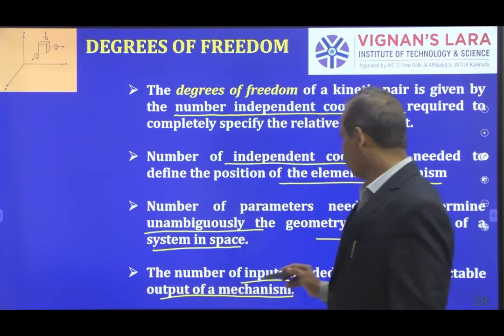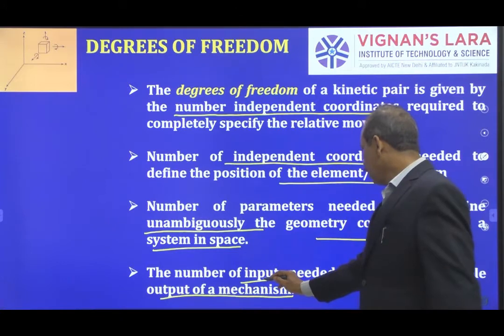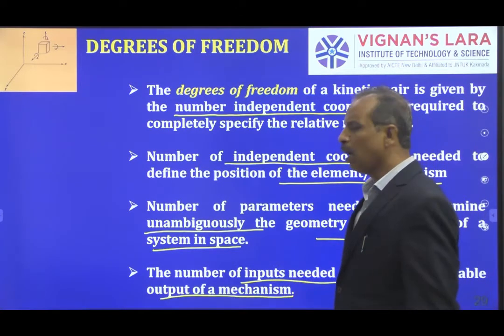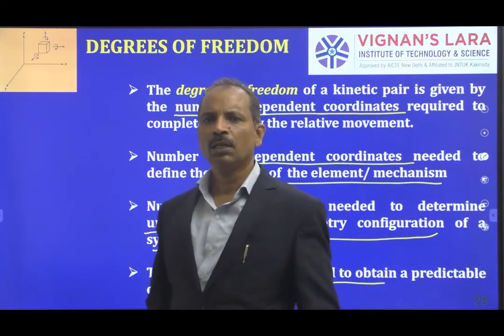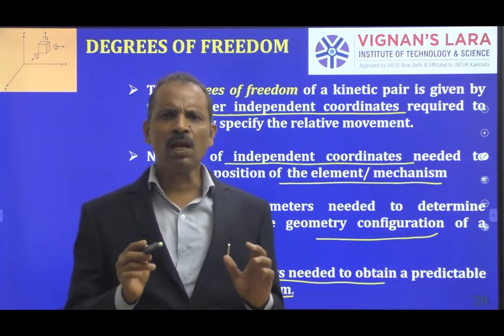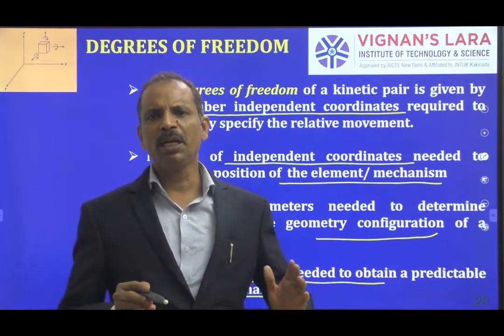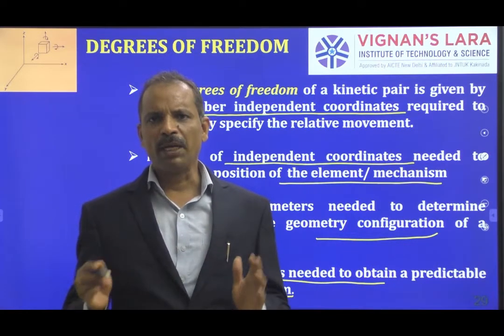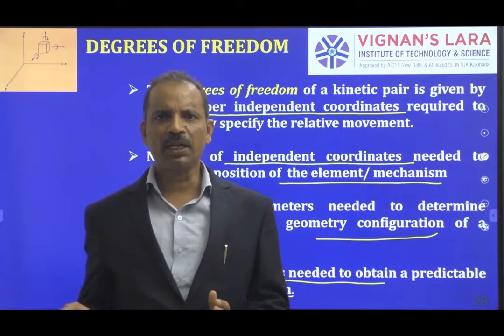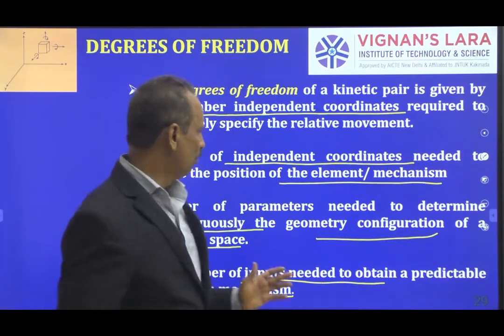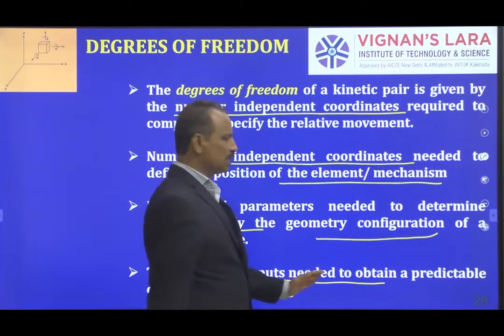So here what we are saying, a number of inputs needed to obtain a predictable output mechanism. That means how the mechanism is going to move is decided in advance perfectly by how many ways it can move. That is what we can say the degrees of freedom.